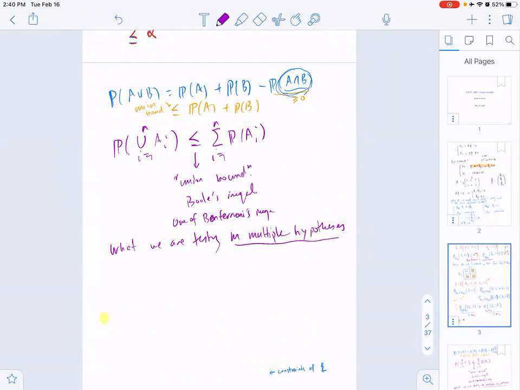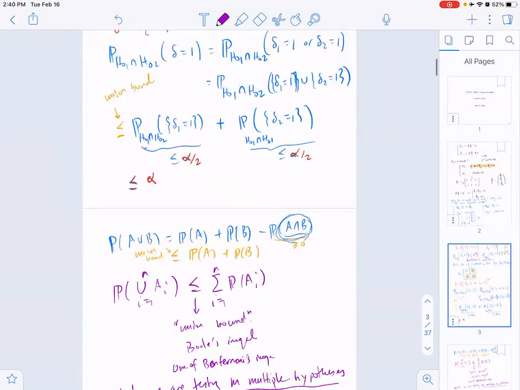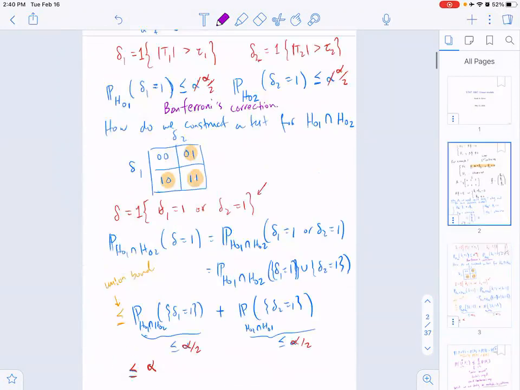How can I make that correction? I'll do individual tests at a certain level, such that when either one of them rejects, my type 1 error probability is at most alpha. So what should I take these individual ones to be in that case?